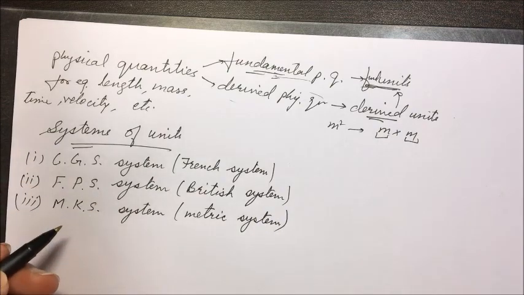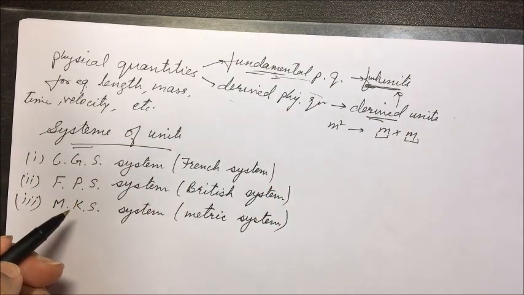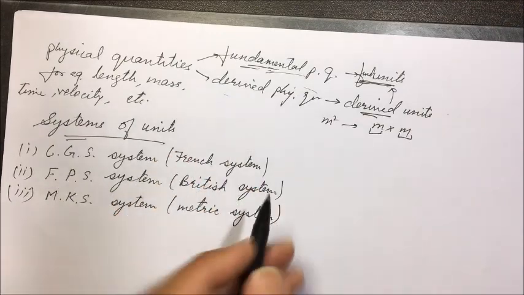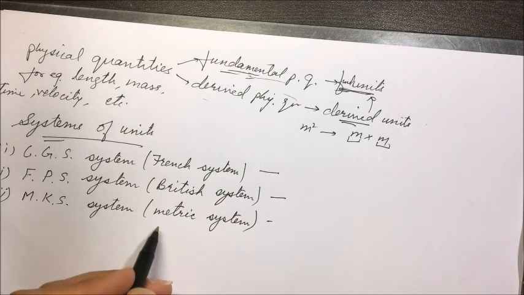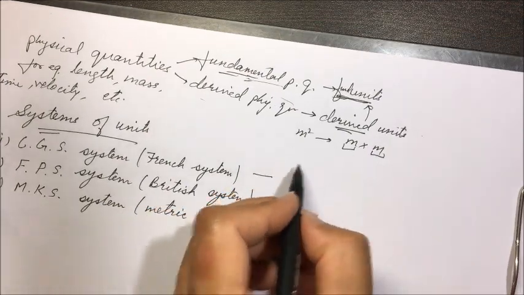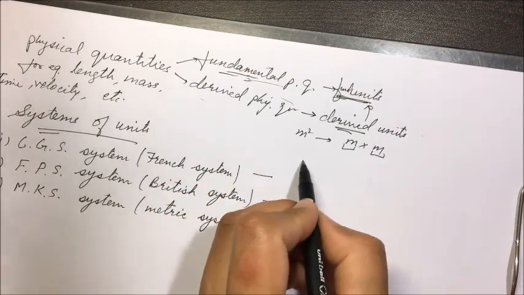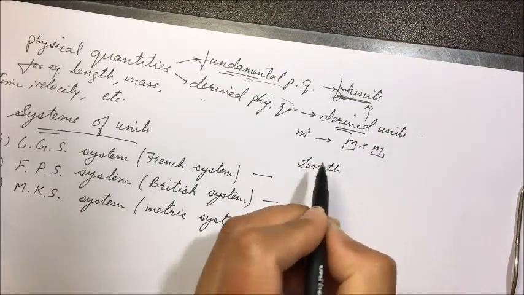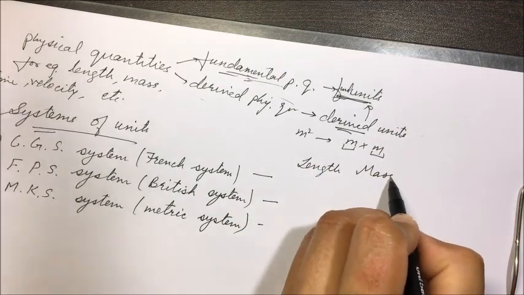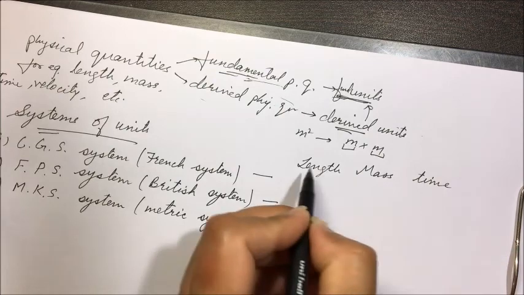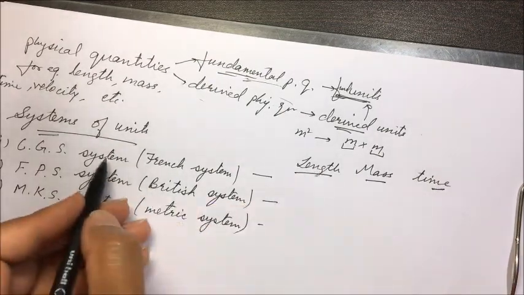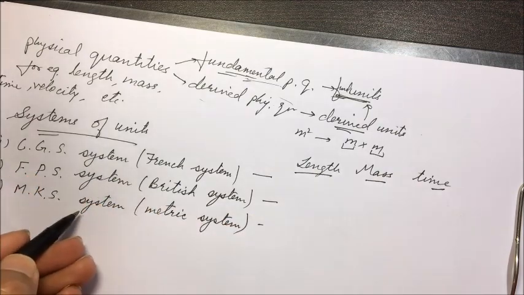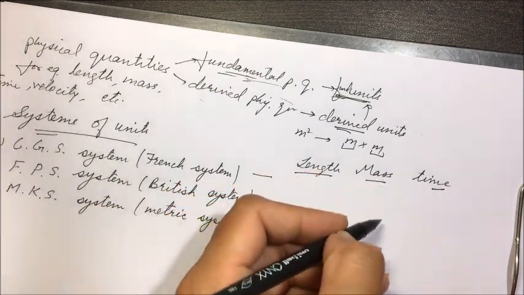So in various parts of the world, different systems were developed. For these three systems, they measured three fundamental quantities: length, mass, and time. Mainly in mechanics we deal with these three fundamental quantities, and for them these systems developed different units.